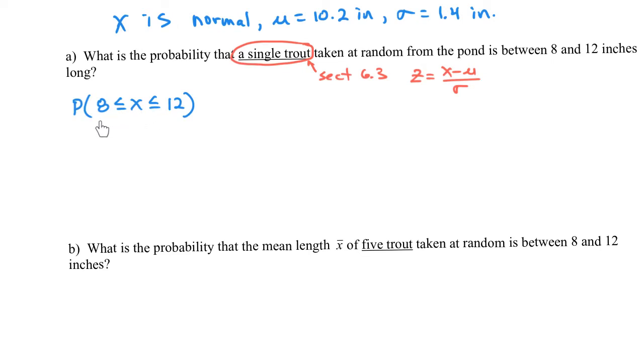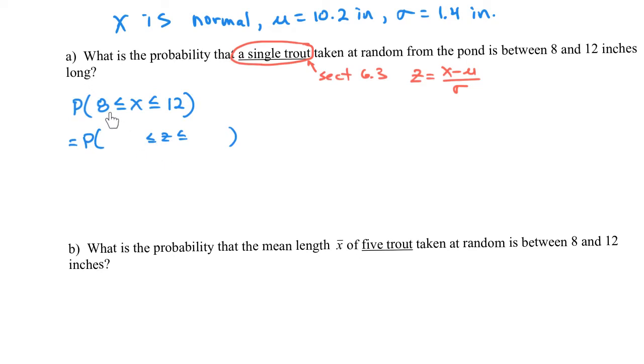So what we want to do is convert it to a z-score, always. We always want to convert these to z-scores. So we're going to rewrite the question, but we want to use z instead of x. We're not using x values, we're using z-scores.